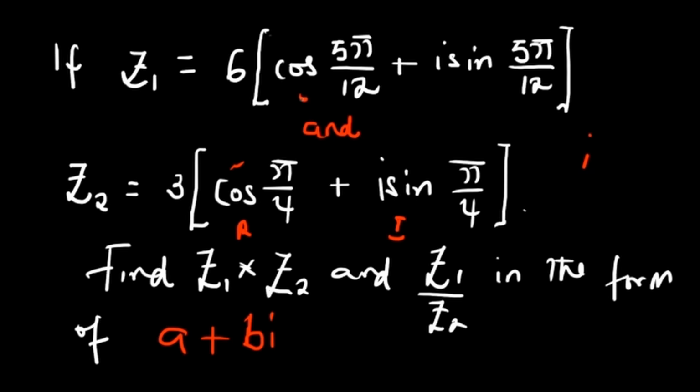This is the real part for the first one, and this is the real part for the second one. This is the imaginary part for the first one, and this is the imaginary part for the second one. So wherever you see an i, it's simply the imaginary part.